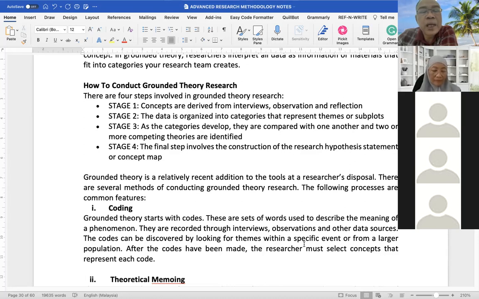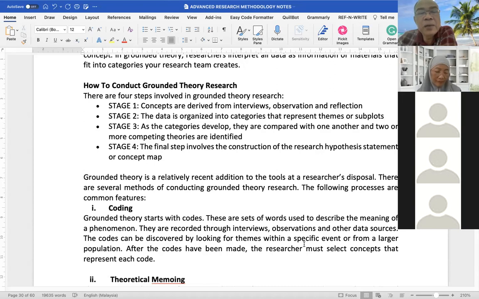Stage 3, as categories develop, they are compared with one another, and 2 or more competing theories are identified. So after the researchers group them into different categories, then the researchers will have an idea of the categories and compare and contrast the categories according to the existing theories, if any.